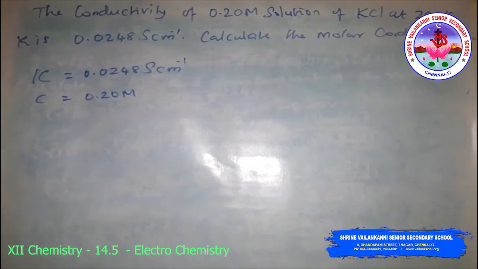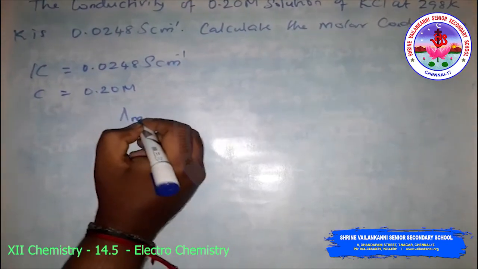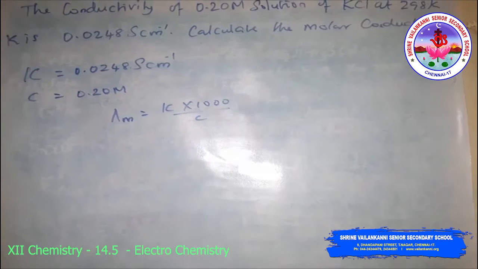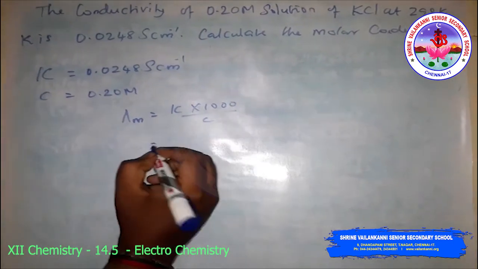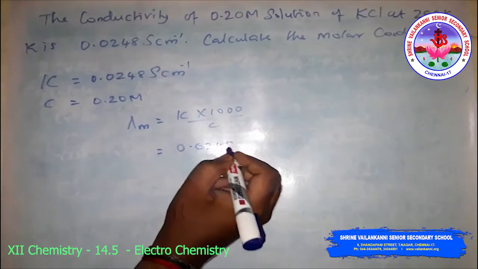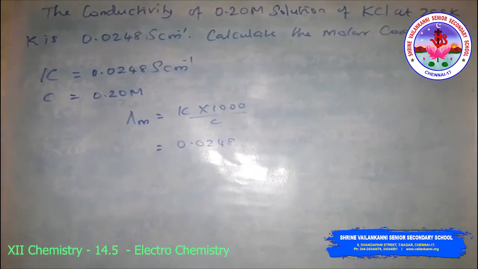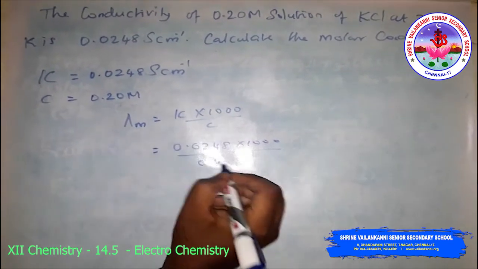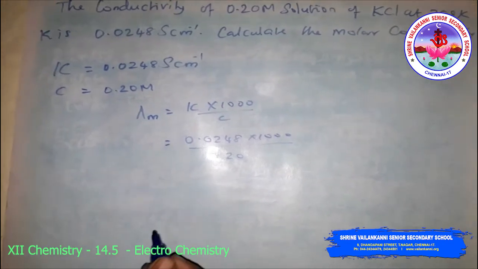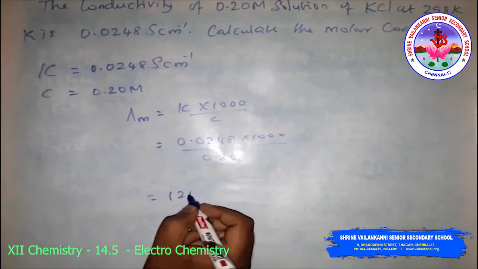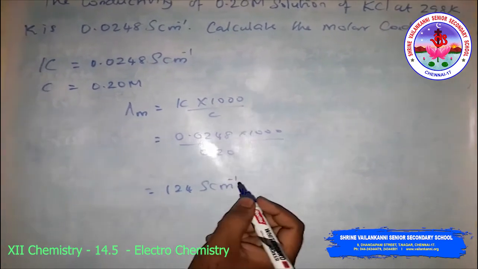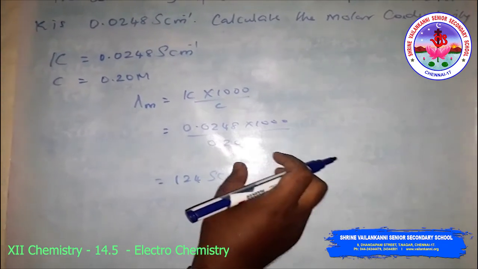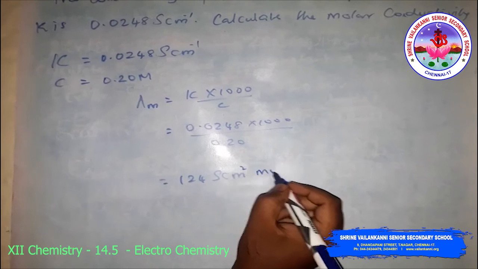The molar conductivity formula is lambda m equals kappa into 1000 divided by C. Now apply this: 0.0248 into 1000 divided by the concentration 0.20. After simplifying, you will get 124, the molar conductivity, with the unit Siemens centimeter square mole inverse.